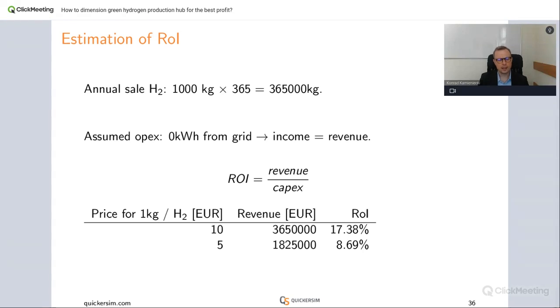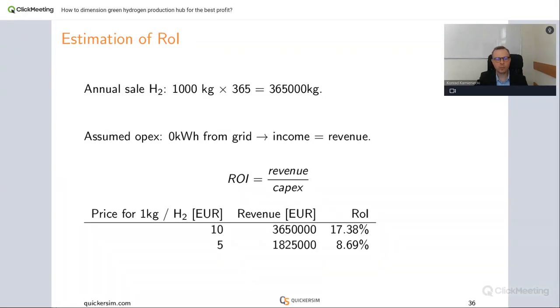Now I can predict how much I can earn on this installation. So I want to sell 1,000 kilograms daily times 365 days. So this is how much hydrogen I will produce.